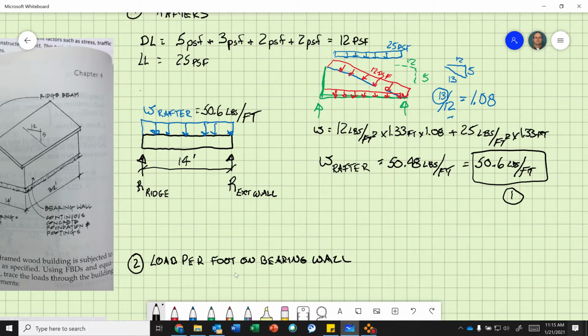So now to start loading 2, I'm going to draw this free body diagram, which I did. So the reaction at X, and that is every 16 inches, because there's a point load every 16 inches. Okay, so now I need to solve for the reactions.